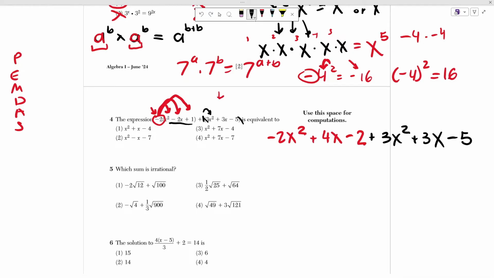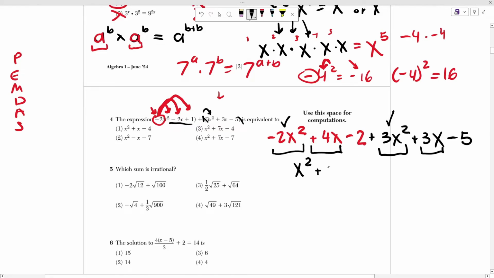Now, my next step is just combining like terms. So let's combine like terms. What's similar here? Well, -2x squared I can combine with +3x squared. -2x squared plus 3x squared is just x squared. Okay, so that's one thing down. This is done, and this is combined. Next, I can combine my 4x with my 3x to make 7x. And then I can just subtract 5 from 2, right?